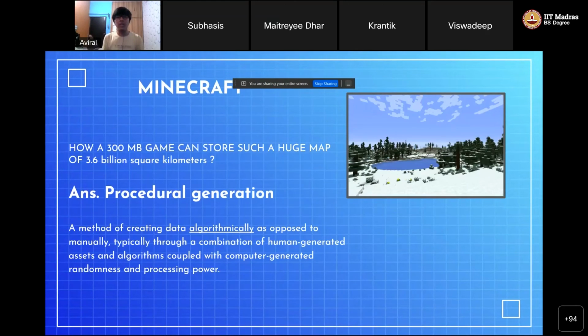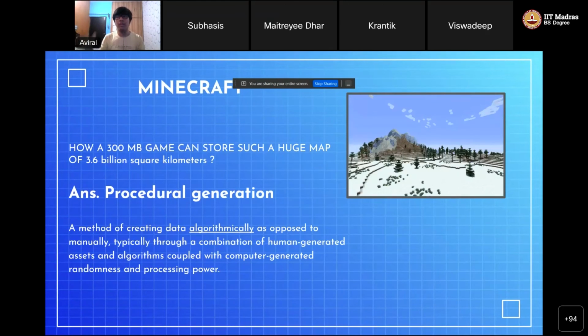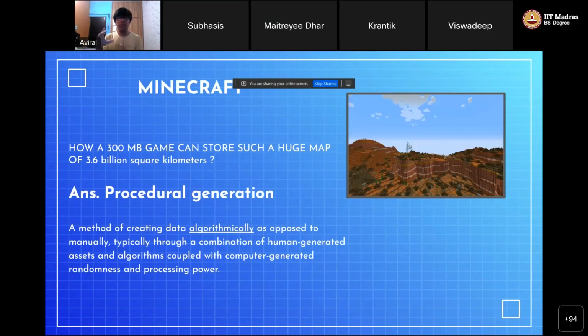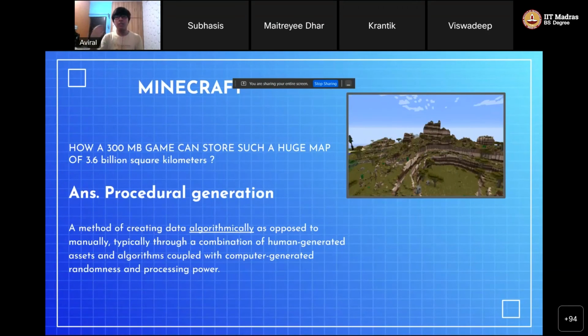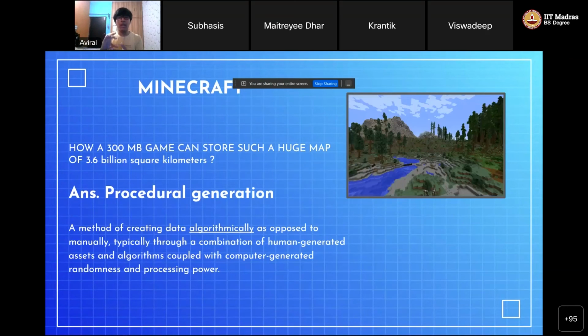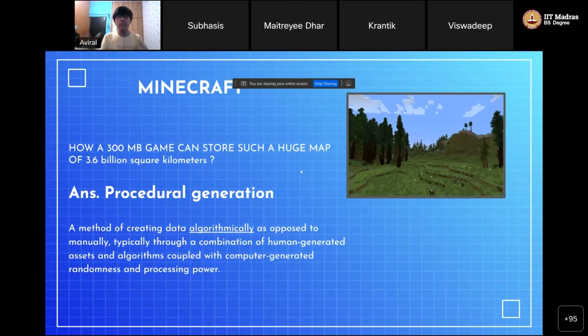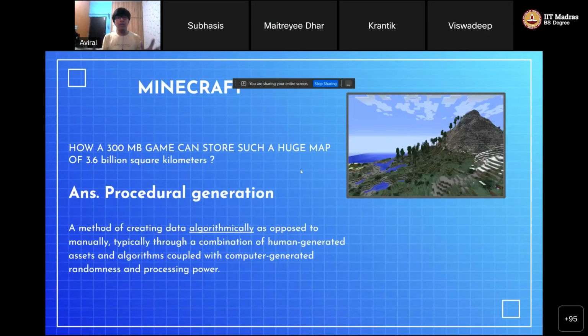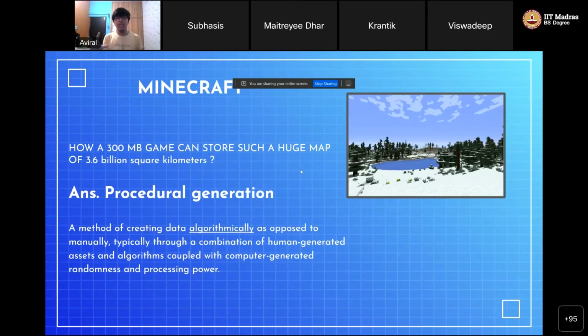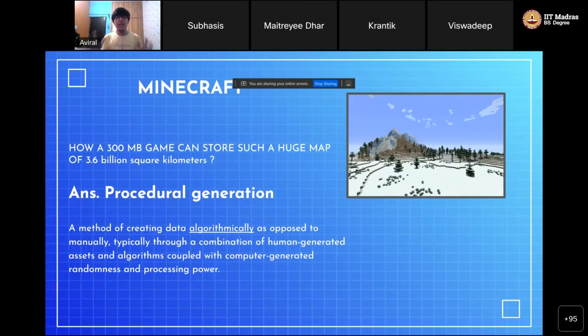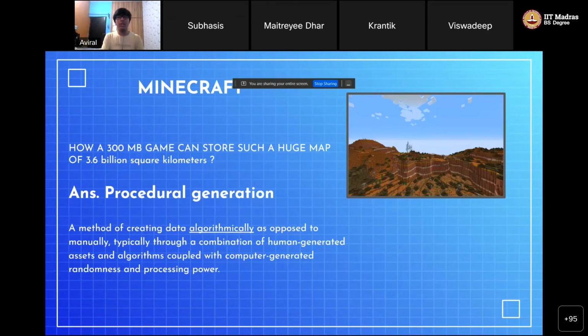If you reload the game, the map will always be different. It generates a new seed and different types of biomes according to the random seed. If you tried to store all this without procedural generation, it would be humongous, and I don't think you would be able to store it on your computer.